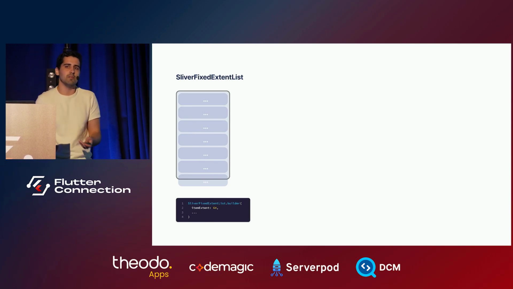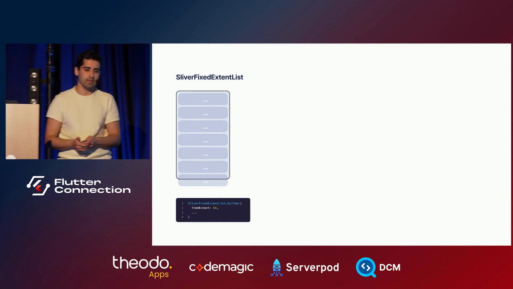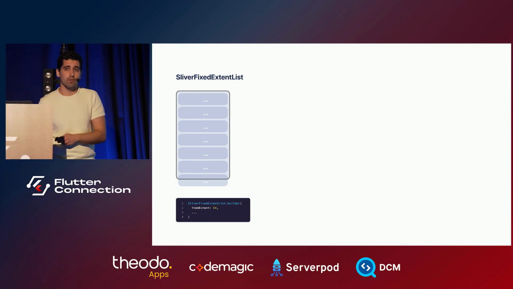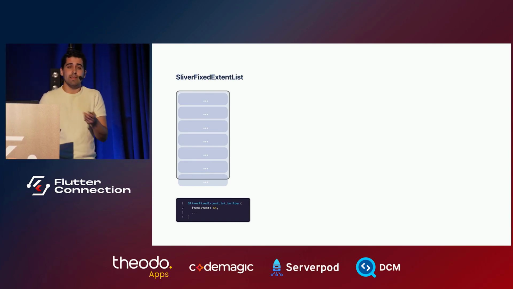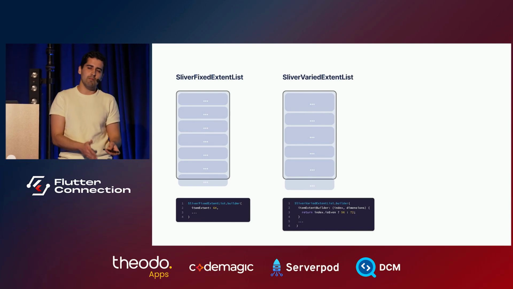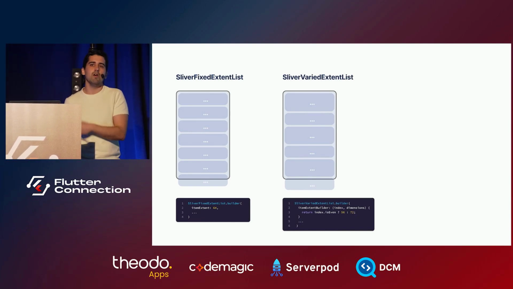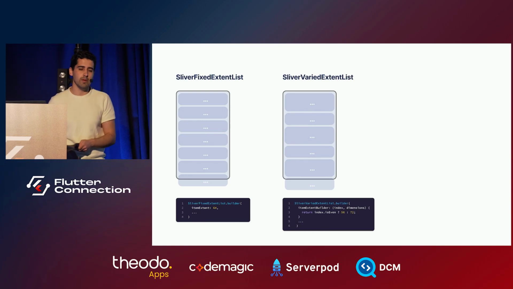It only needs to do a multiplication of the item size by the item count, and then it has the full size of the sliver itself. If we know the size of all of our widgets, but they vary depending on the index, we can use the SliverVariedExtentList. Instead of a fixed number, we have a method that, based on the index of the position of the item, we can tell it which size it is going to be.